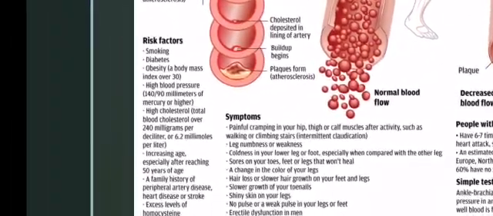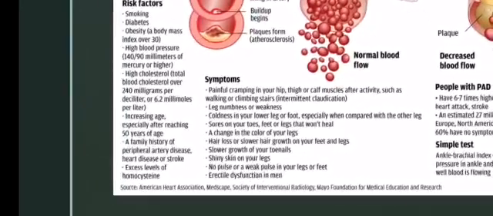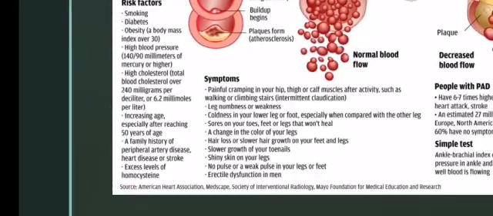The risk factors are smoking, diabetes, obesity, hypertension, high cholesterol level, sedentary lifestyle, and family history, and sometimes metabolic disorders such as homocysteine. Symptoms are painful cramping, leg numbness, weakness, coldness in the lower leg, ulcers on the feet which do not heal, change in color of the legs, loss of hair, and shiny skin.